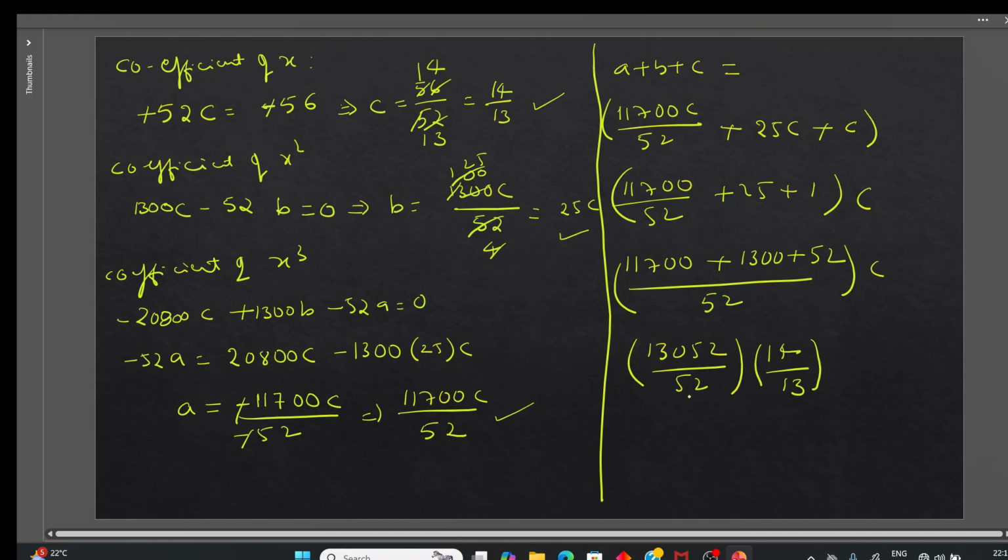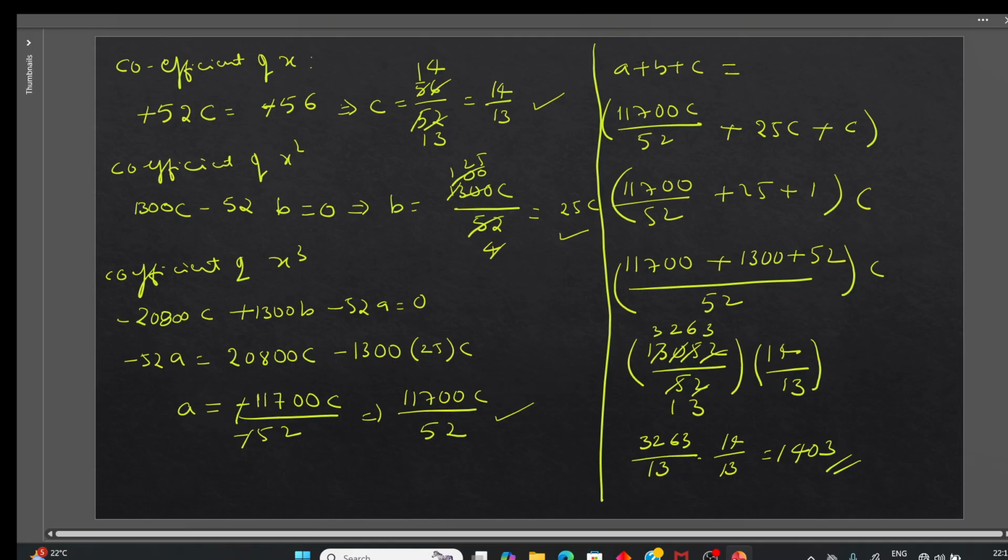So cancel it off: 4 ones are 4, 4 threes are 12, 4 twos are 8, 4 sixes are 24. Finally we get 13052 by 13 into 14 by 10 is equal to 1403 is the answer.